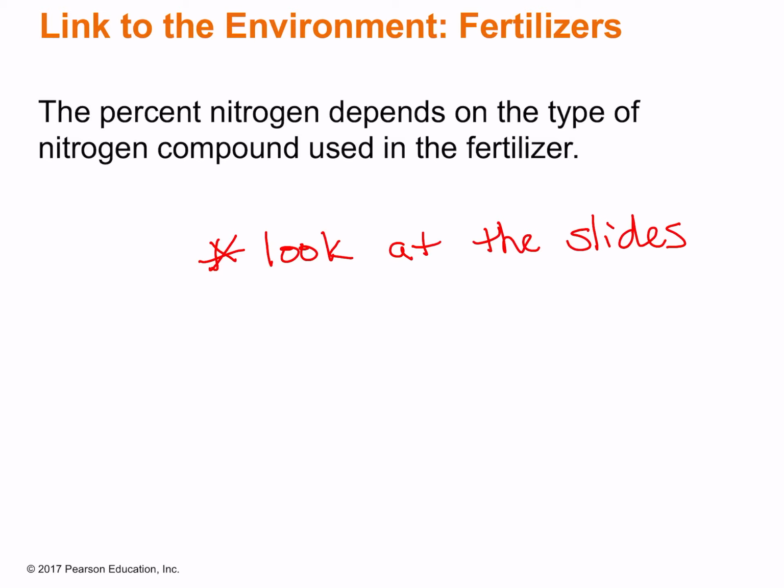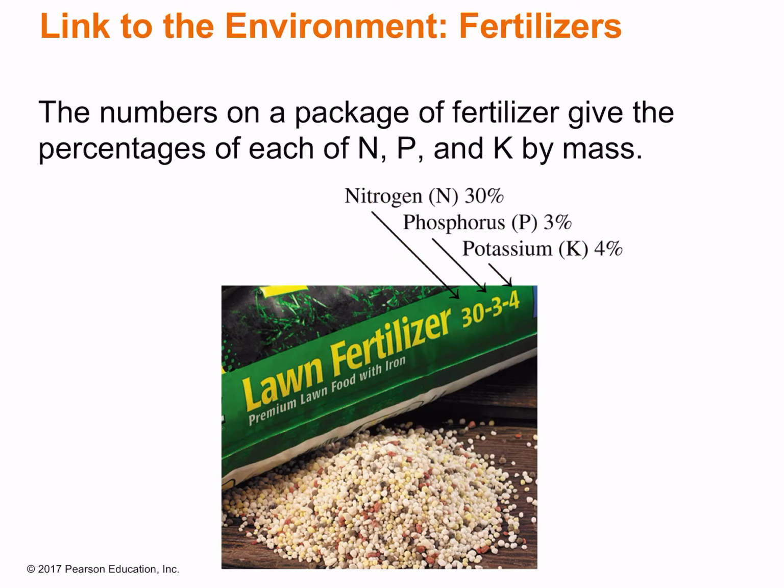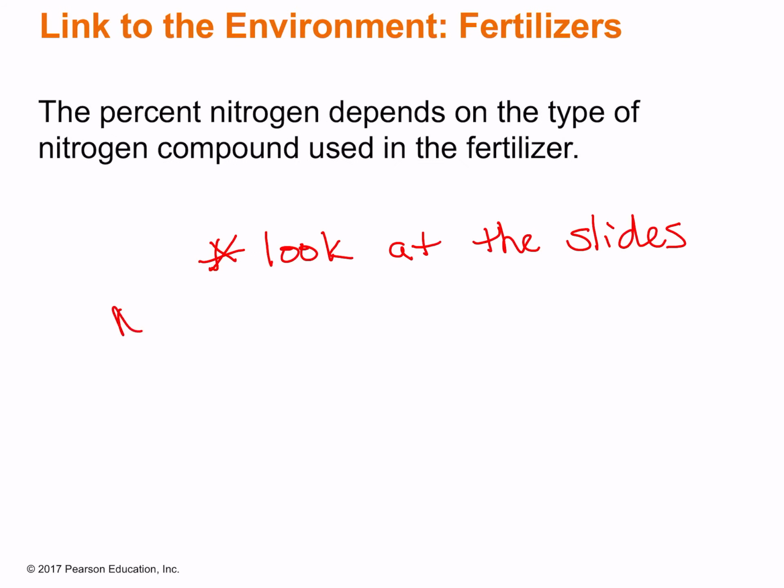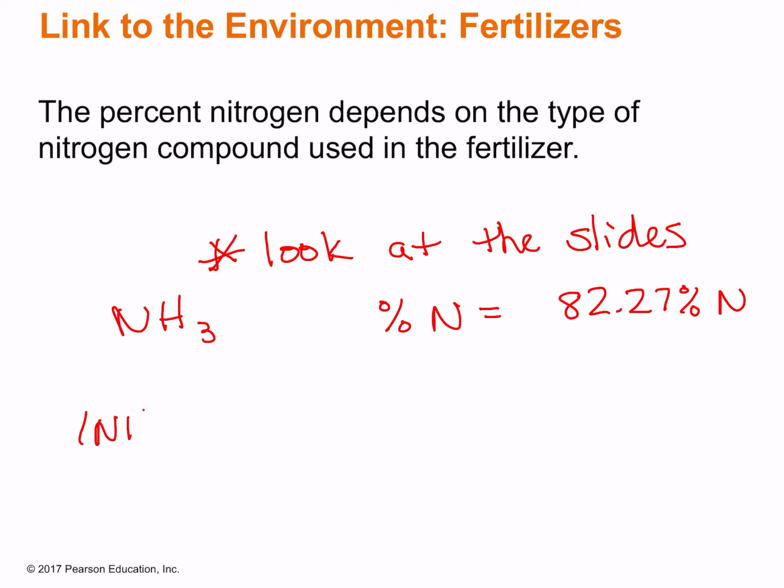But different fertilizers have different percents of nitrogen in them. So like if we had NH3, the percent of nitrogen is 82.27% nitrogen, which is really high. But if you had something like this one, this is ammonium sulfate.